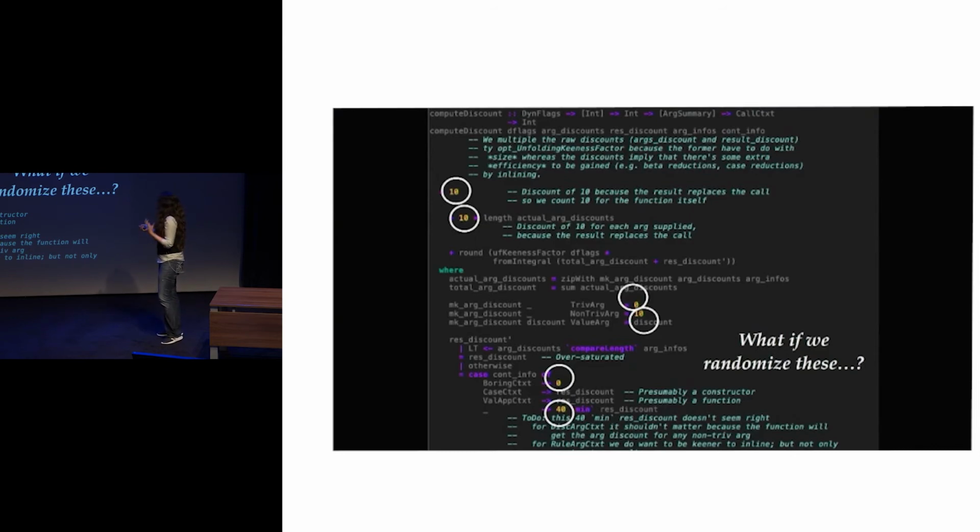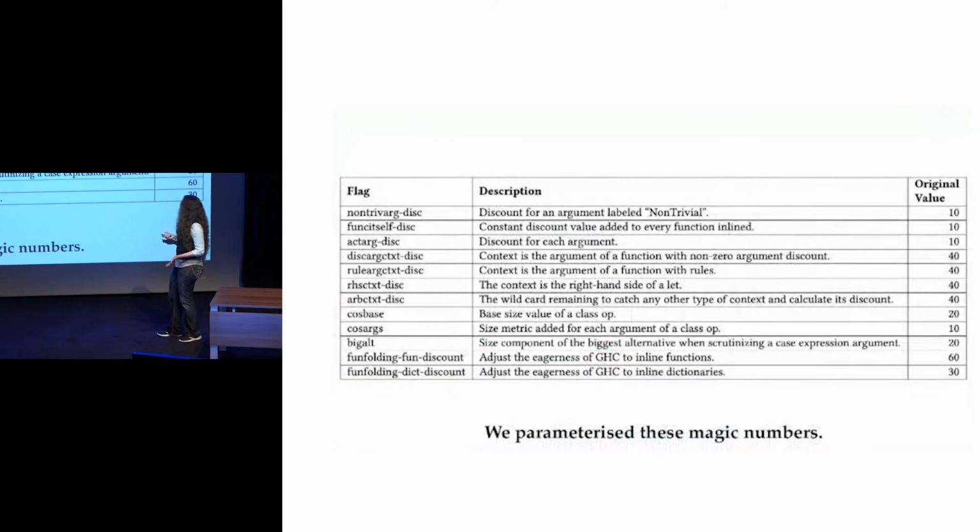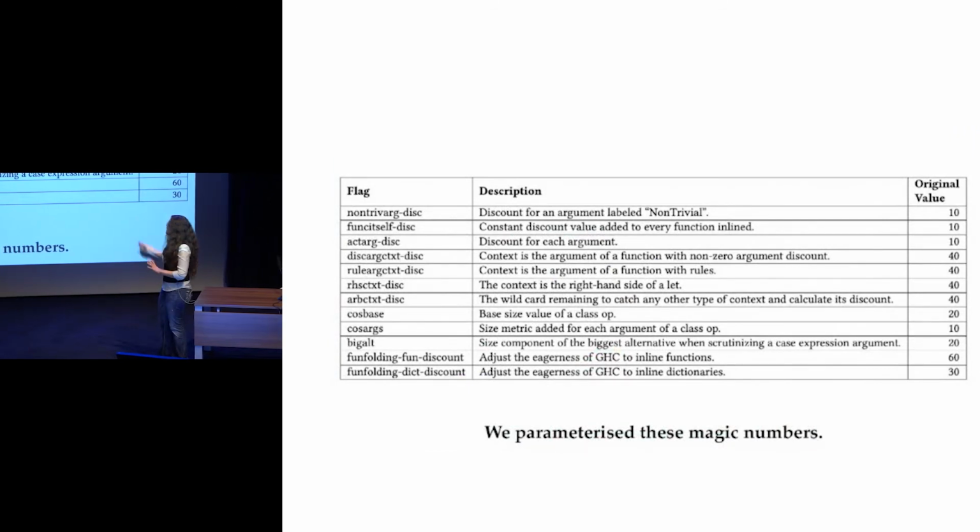But what we did is we looked at these numbers, and we thought, what if we just randomize these? So we selected 10 magic numbers. 8 of those pertained to the calculation of the discount. 2 of those pertained to the calculation of the size.